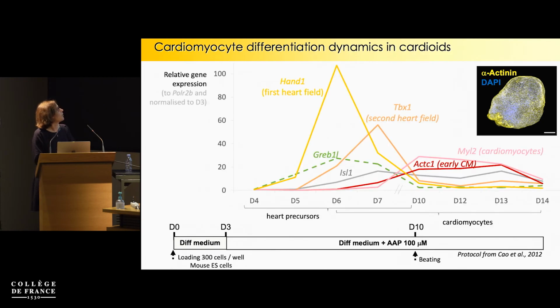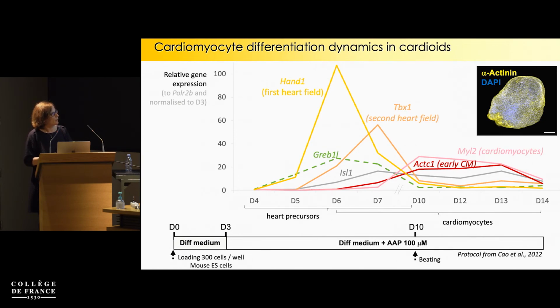This is an example, by qPCR, of these dynamics of cell differentiation, and we can see with markers how these cardioids first express markers of the first heart field, like Hand1, then markers of the second heart field, Tbx1, followed by expression of an early cardiomyocyte marker like Actc1, and a later cardiomyocyte marker like Myl2.